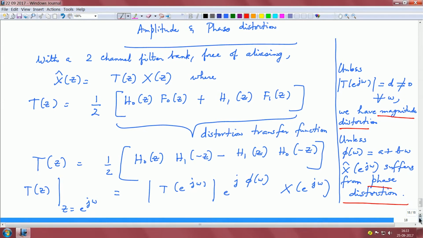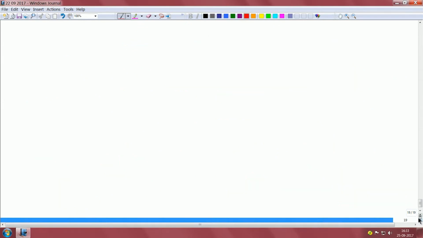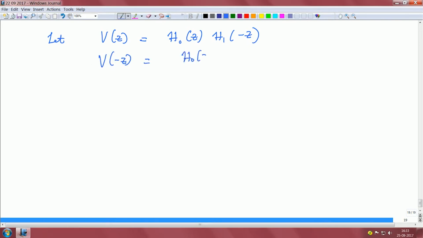Now, we will go one step further. Let V of z be equal to H0 of z times H1 of minus z, and V of minus z is basically H0 of minus z times H1 of z, right.